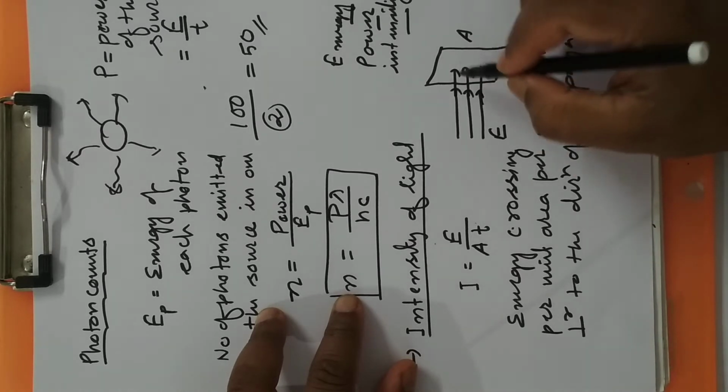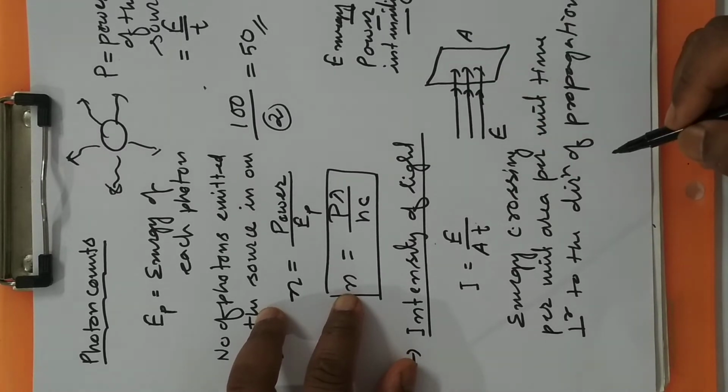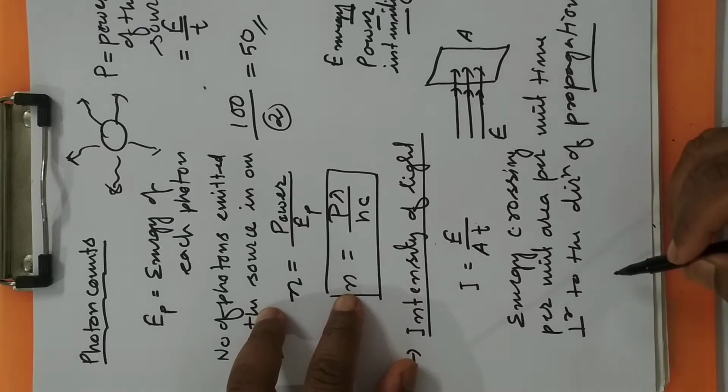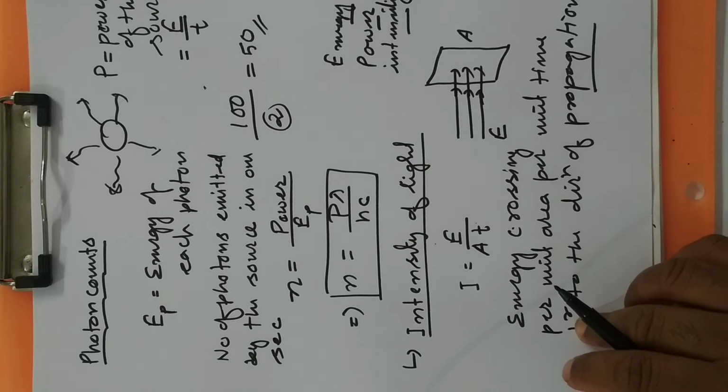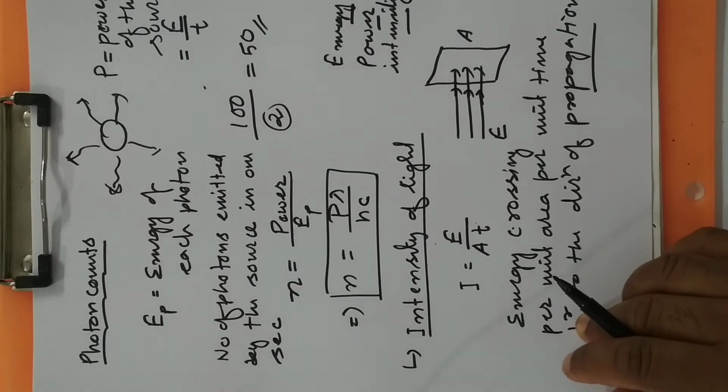Here we are holding the area normal to the direction of propagation. Okay, perpendicular to the direction of propagation. This is called the intensity of the light wave.